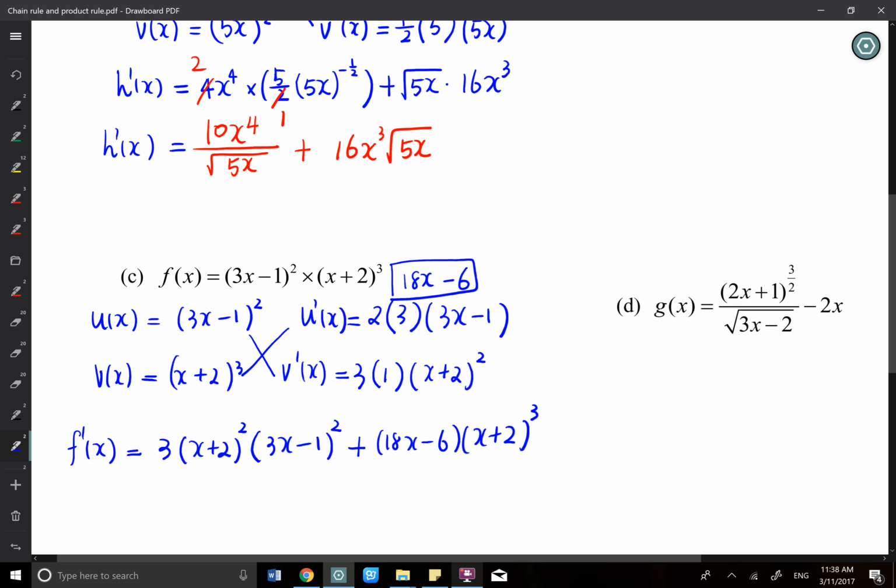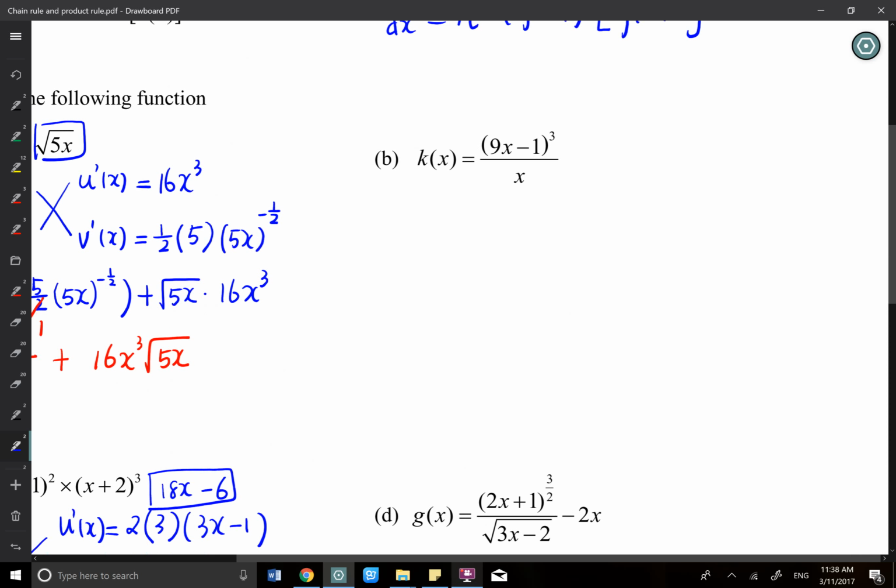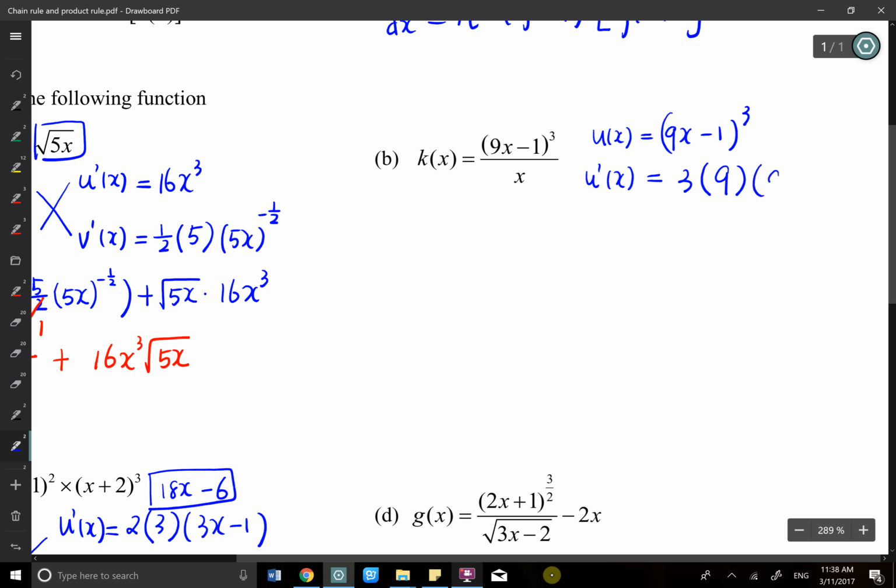And let's have a look at the quotient rule. For the quotient rule, we write u(x) is the top one, (9x minus 1) to the power of 3. And then we'll have u dash x. So u dash x will be 3, and the derivative of the inside, which is 9, and then you reduce the power by 1, which gives you to the power of 2.